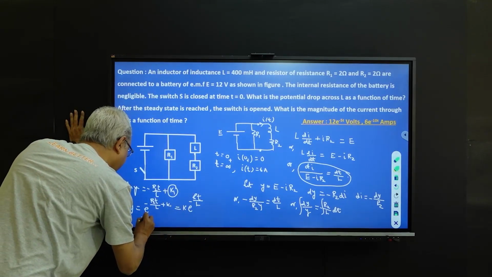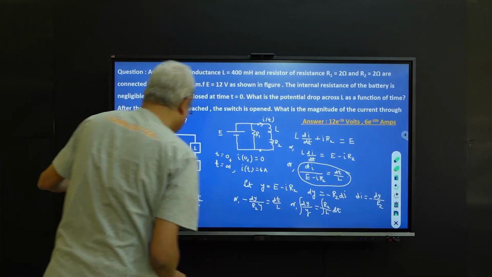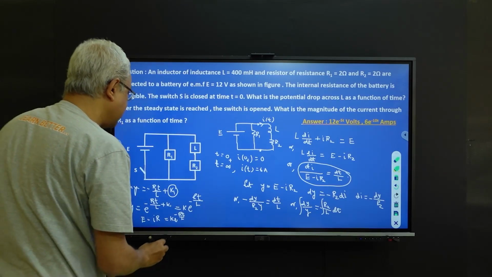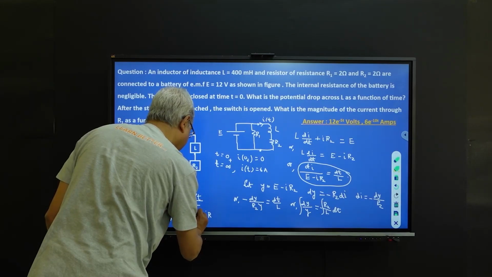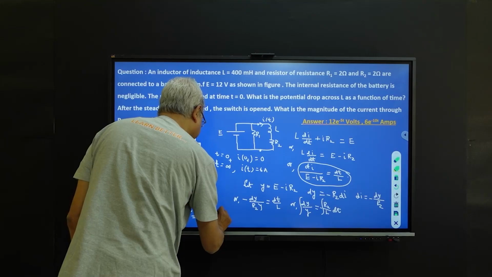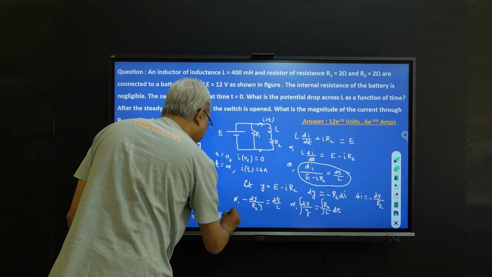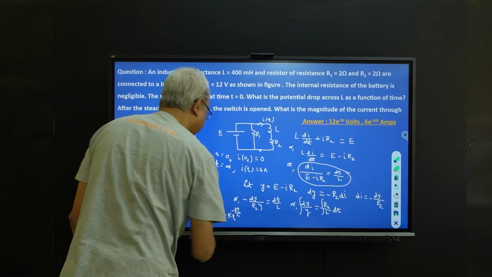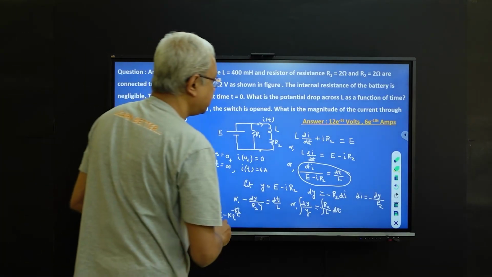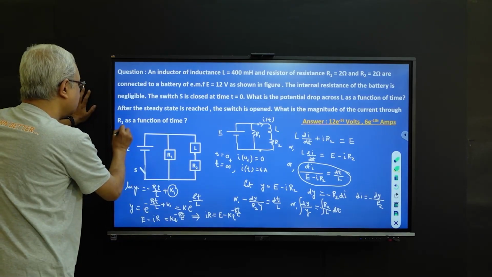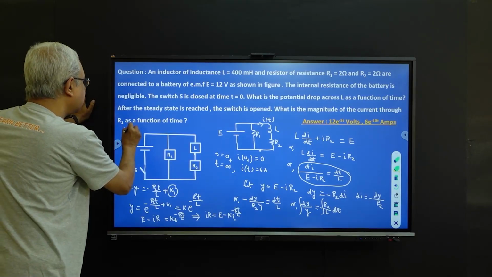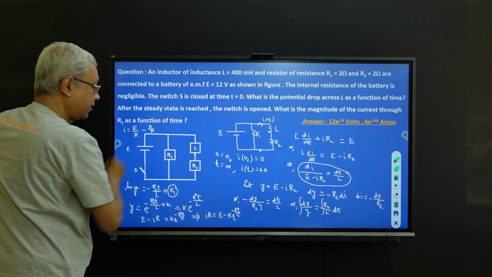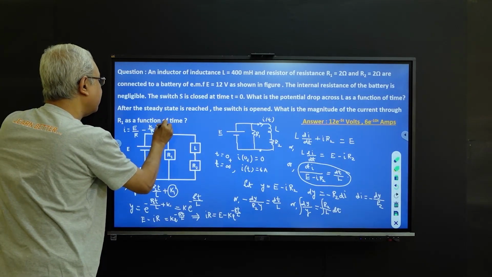So, E minus I R2 equal to K e to the power minus R t by L. So, I R is equal to E minus K e to the power minus R t by L. Or I can write I equal to E by R minus K by R e to the power minus R t by L.